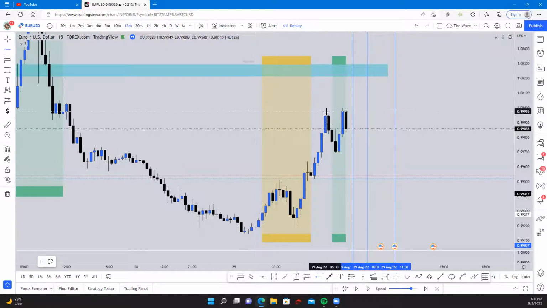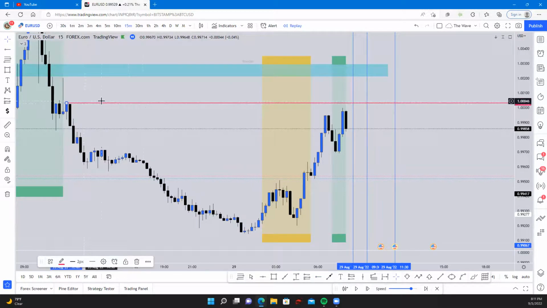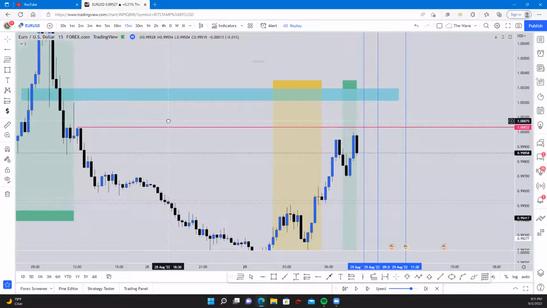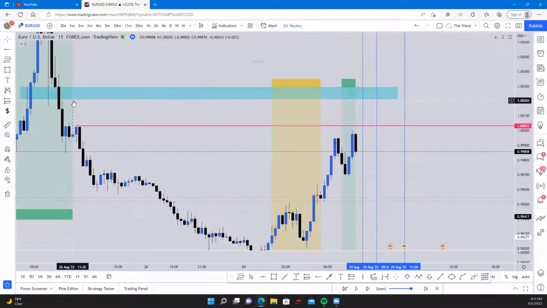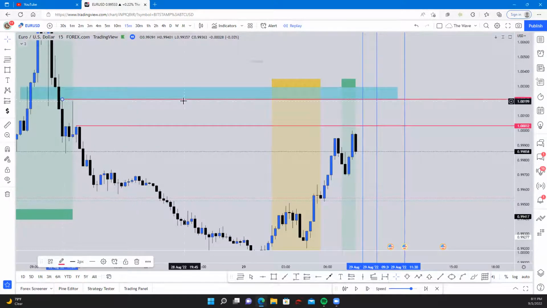If you see here, this last swing high before 8:30 lines up pretty much right here in this level. And then we also have some relatively equal highs right here in this area that also happen to line up with this fair value gap on our hourly time frame.